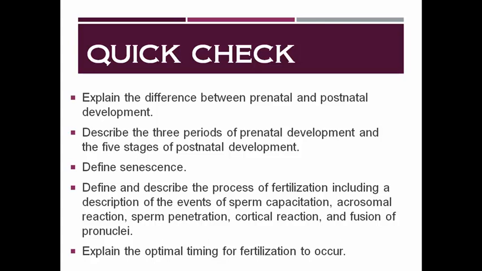So in this section we explain the difference between prenatal periods and postnatal development. We talked about the 3 exact periods that happen during prenatal development, the 5 stages of postnatal development. We talked about tracing the development from the zygote until the fetus develops. We define senescence as this degradation of the tissues and the cells and the organs toward the end of the life cycle.